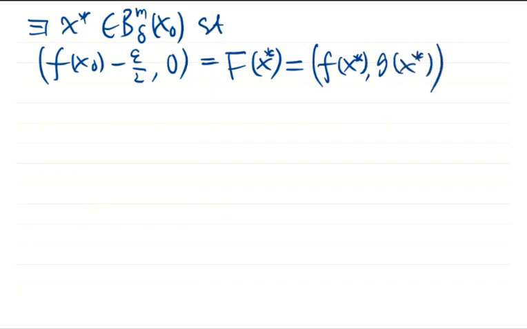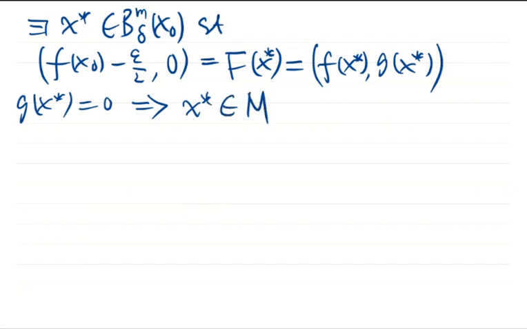So this means g(x star) is 0. G(x star) is 0 means that x star belongs to the constraint set M. Moreover, x star is a point in the delta neighborhood of x0.